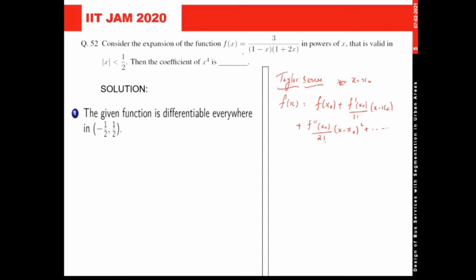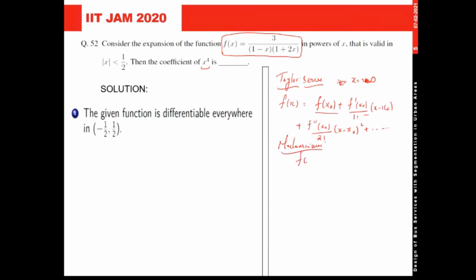If you want to find the Taylor series expansion of this, we have to find f of x naught, f dash of x naught, and so on. Here our series is in the powers of x minus 0 all raised to 4, so our x naught is 0. Such series are called Maclaurin series.